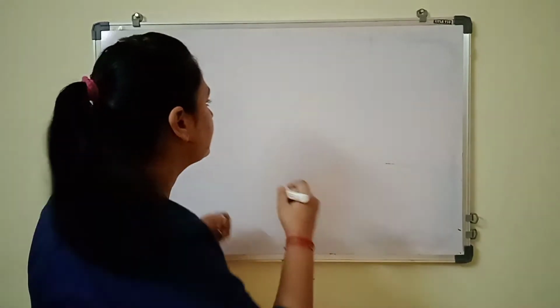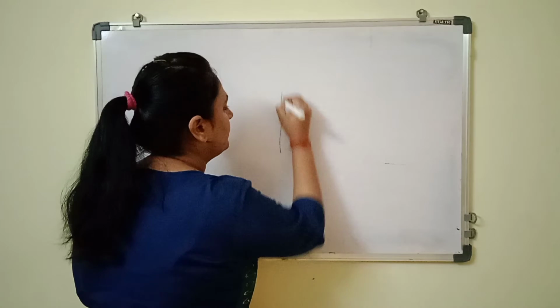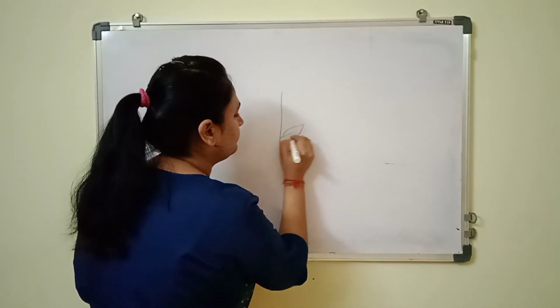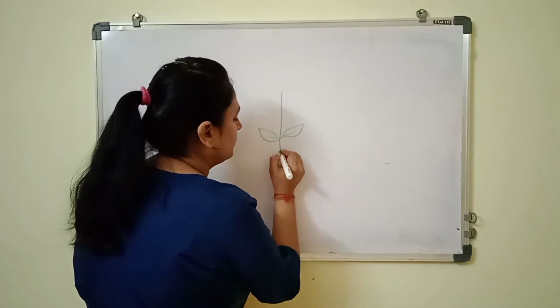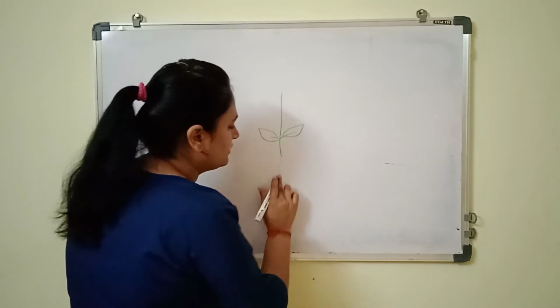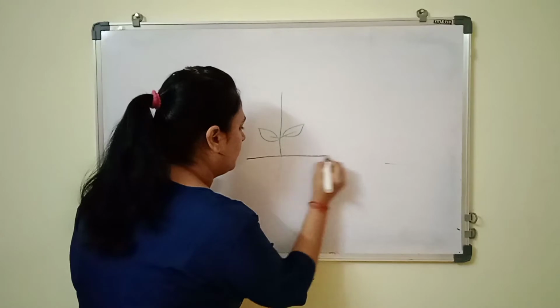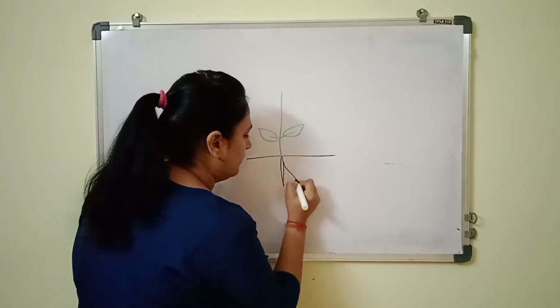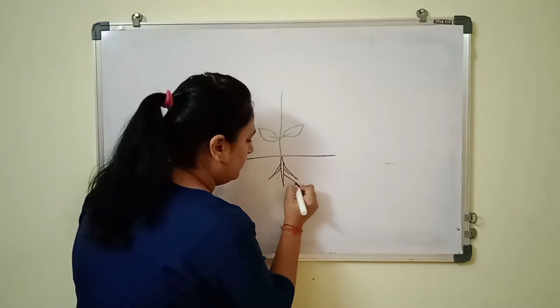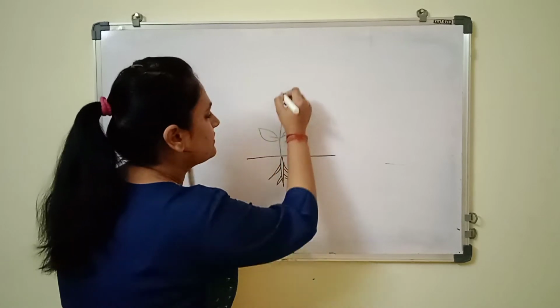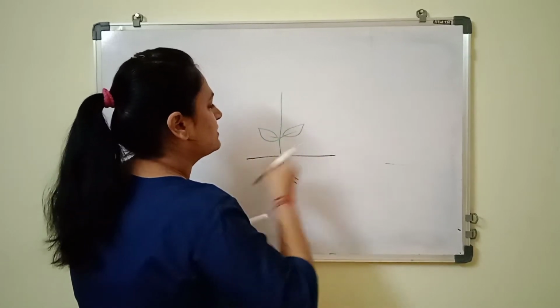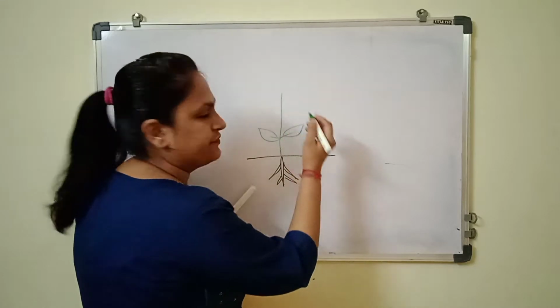So a simple typical plant, if I make one, has the roots, stem and leaves and flowers, fruits.